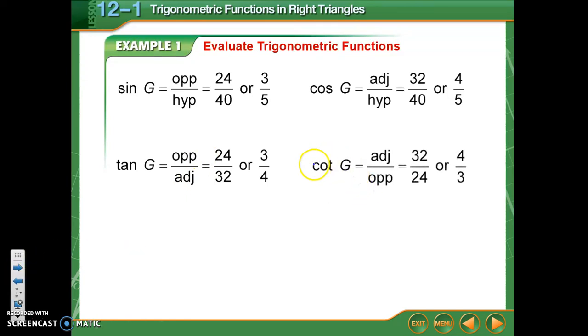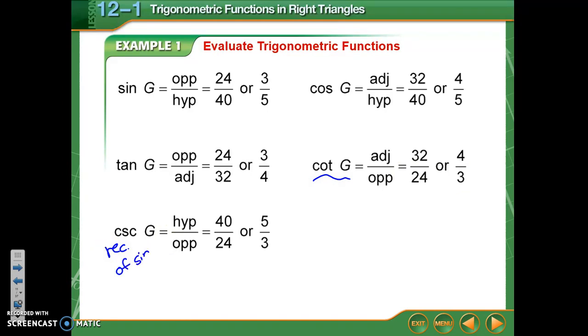To get the other 3, cotangent, which we abbreviate as COT, is just the reciprocal of tangent. So if tangent is 3/4, cotangent is 4/3. Cosecant is the reciprocal of sine. Okay, so cosecant goes with sine. Sine is 3/5, cosecant is the reciprocal, 5/3.